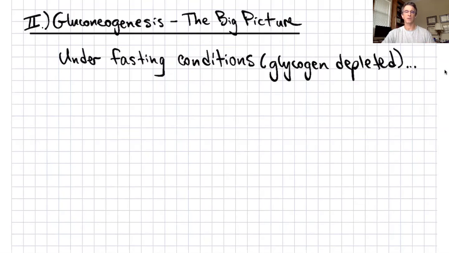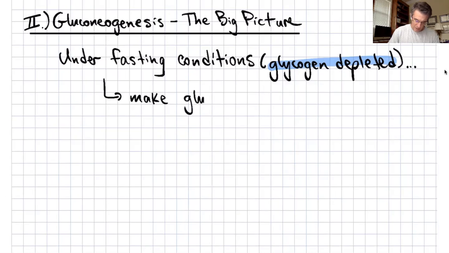And under fasting conditions, when your glycogen stores are basically run down, your only option is to make glucose and basically make it from non-carbohydrate sources.